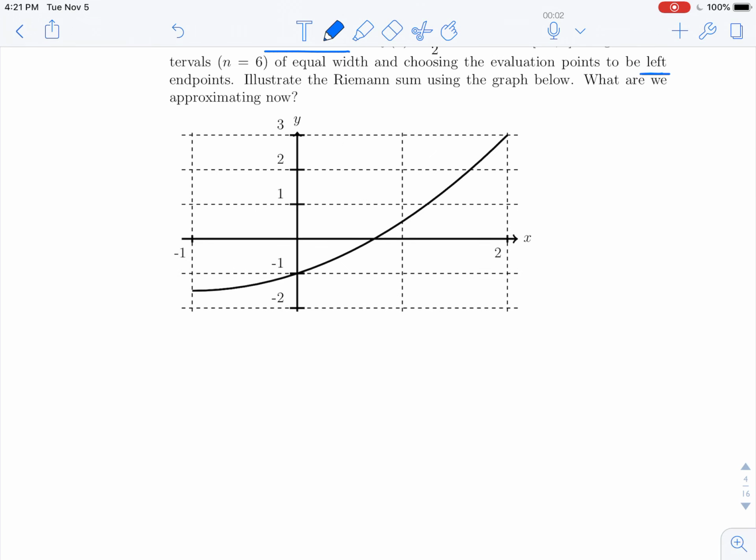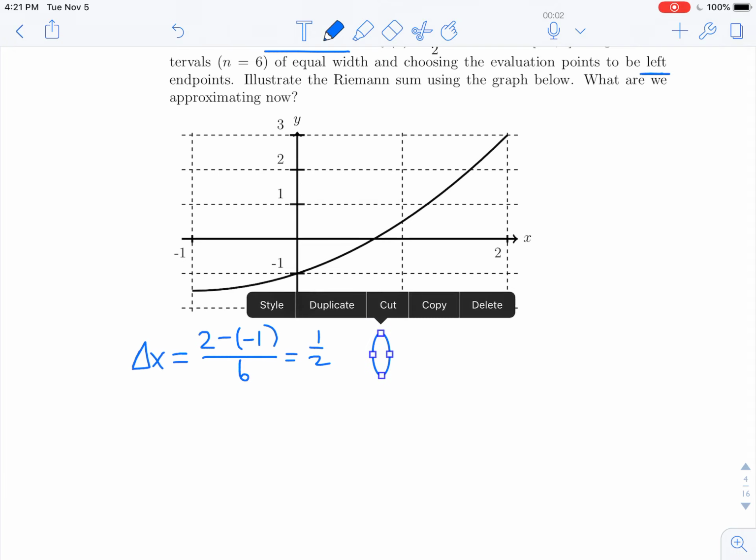So, at least for a little while, let's ignore the graph and just go on autopilot and do what we're used to doing. So delta x is going to be 2 minus -1 all over 6. So that's a half. Write down our subintervals.